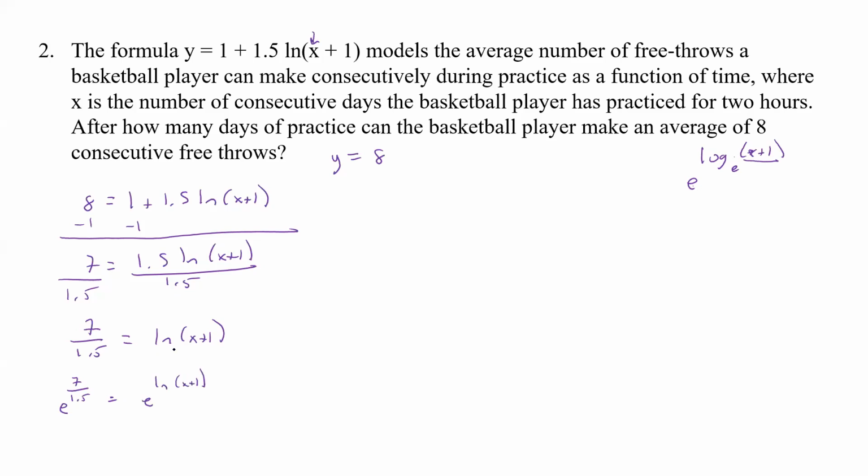Okay. So what does that give me? Well, that gives me on the right side x plus 1. On the left, I just get e to the 7 over 1.5, which we can type into our calculator, so that's not a problem. Now I just subtract 1 from both sides, and I get x equals e to the 7 over 1.5 minus 1.